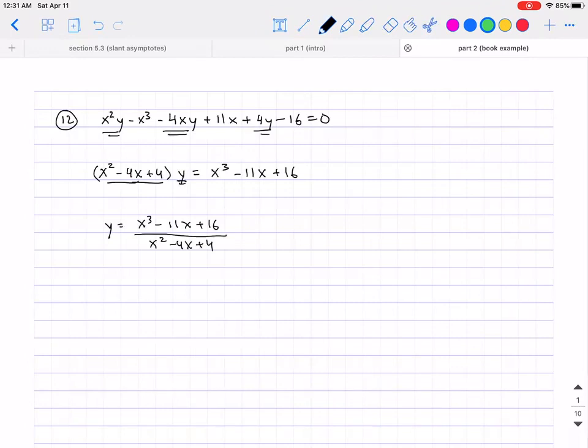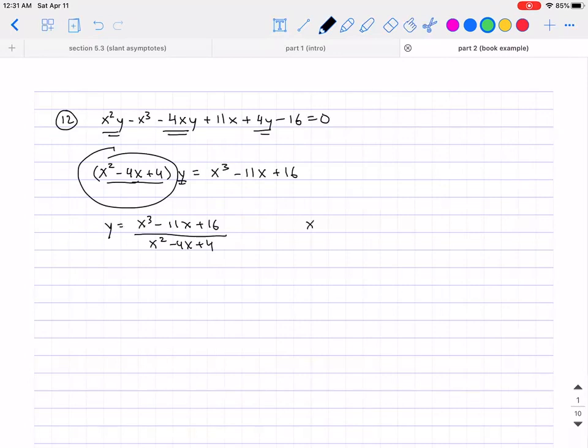And earlier I mentioned that this is a perfect square over here, but I didn't actually factor it, because we actually have to use long division in order to clean up and see what this is going to come out to be. So let's do that on the side over here.